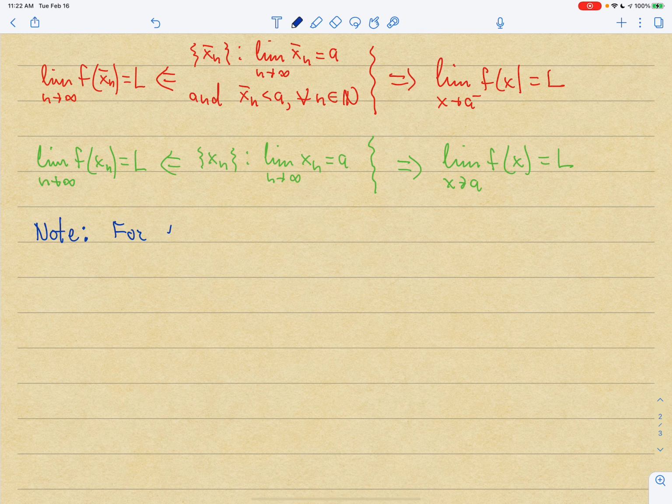For a limit x goes to a plus of f of x, S, as I said, should be the set of all points to the right of A. And in fact, because we're only considering sequences that converge to A, it is sufficient to make S a short interval to the right of A. So I can take S to be an open interval (A, B) for some B greater than A.